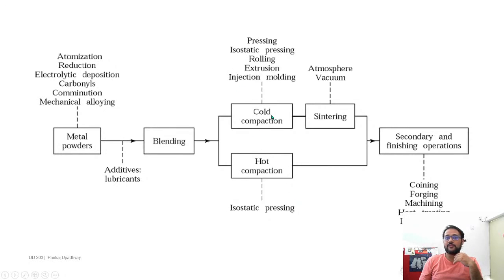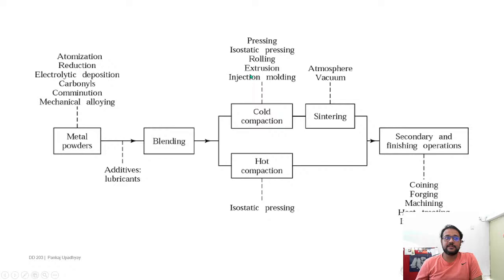Similarly, there is something called cold compaction, where you can use several other processes. Let's say you just want to make a sheet, or some part which is flat in that manner. You could use something like rolling, or isostatic pressing similar to this process but without temperature. You could also extrude it.